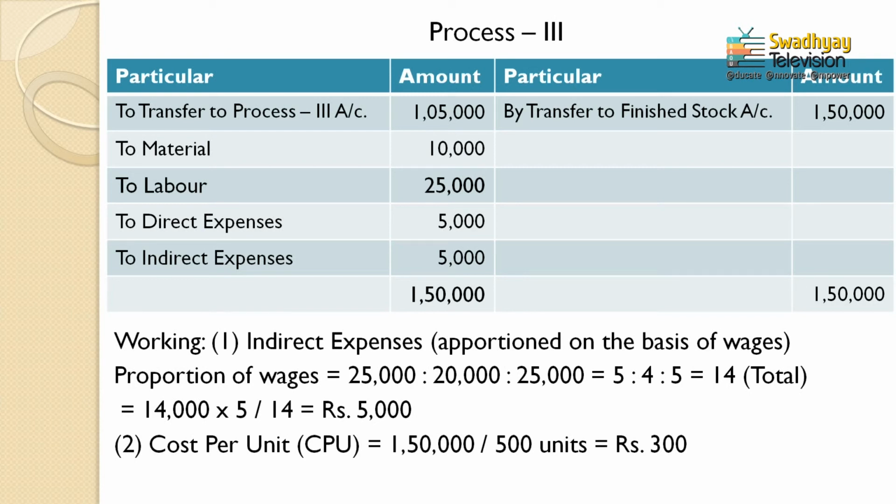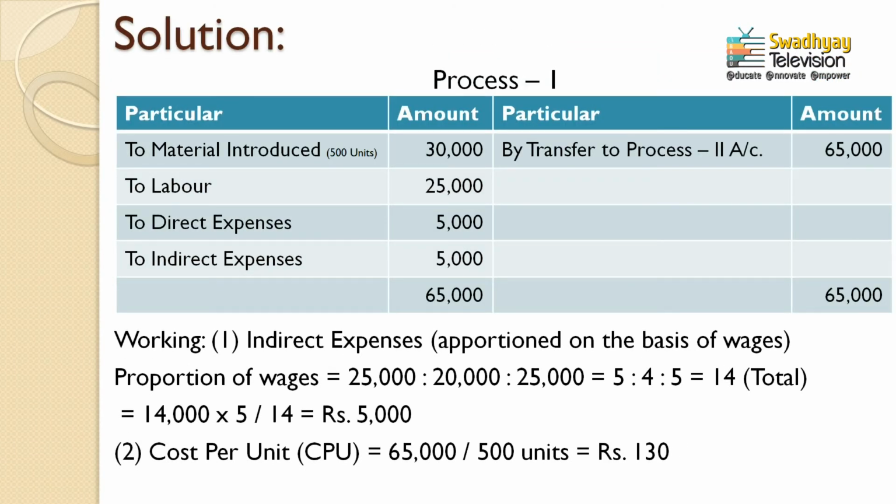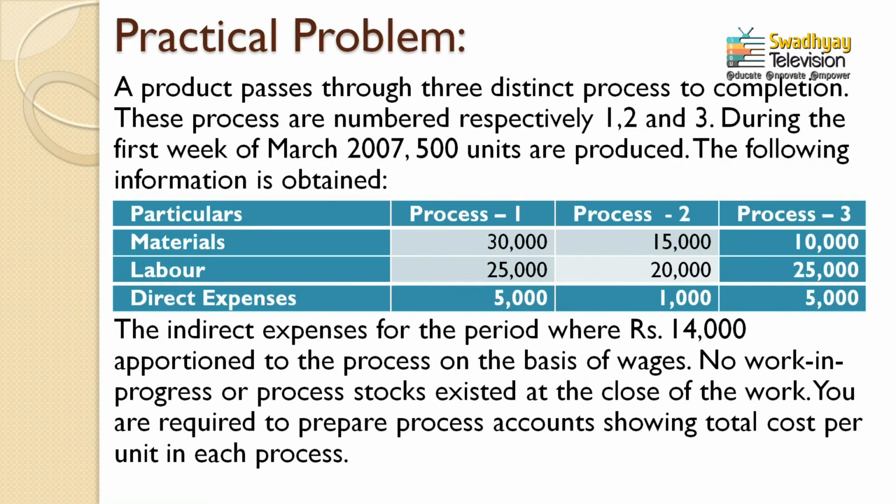Labor expense, that is wages, is 25,000 rupees. Direct expenses are rupees 5,000. These three expenses are clearly mentioned in the question, and 14,000 rupees is the indirect expenses incurred.